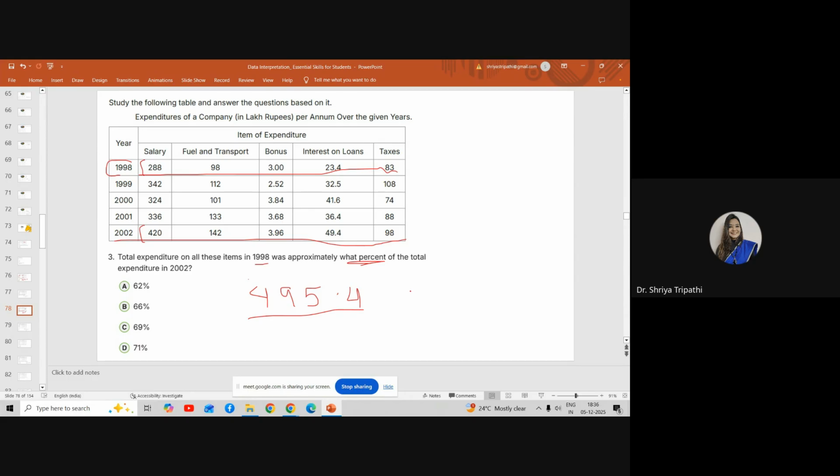What's the sum of 420 plus 142... 3.96, 49.4, 98. Always, whenever you're doing your calculation, make sure you are writing it in decreasing order.